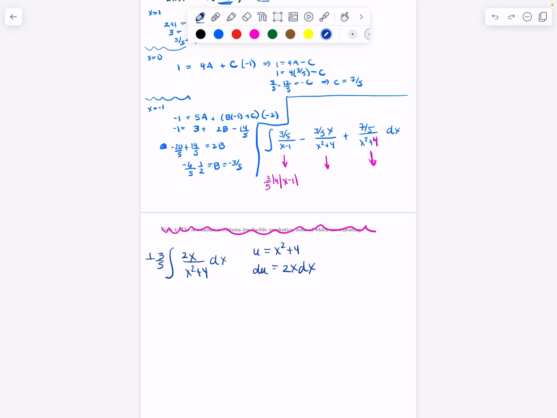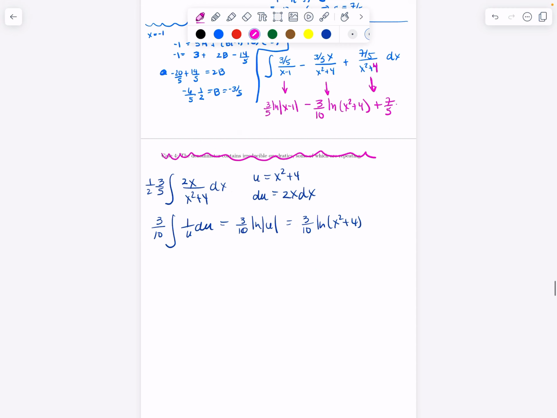So then this really is 3/10 integral of 1 over u du, which is 3/10 natural log of the absolute value of u, which is, in our case, 3/10 natural log of, I don't need absolute value bars, that's what that piece is. So this should be minus 3/10 ln of x squared plus 4. Plus, I'm going to go ahead and put 7/5 there. But we got to deal with this, okay?